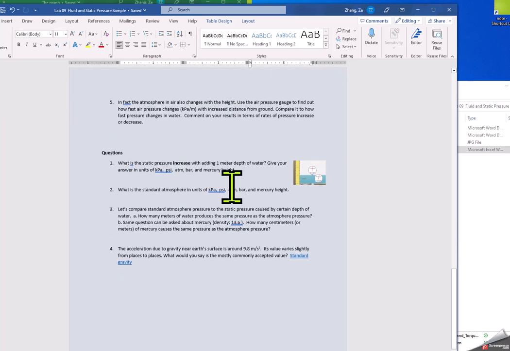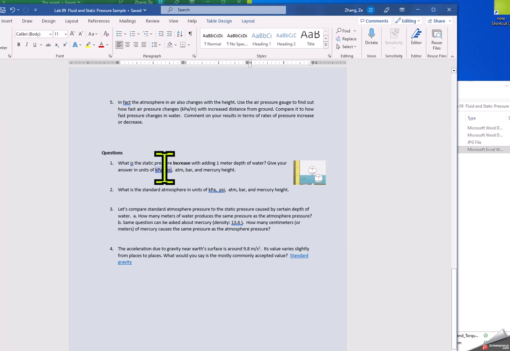Now we have all these questions. The first question to you is: what is the static pressure increase when adding 1 meter of depth of water? It's 9.8 kilopascals per meter. Then you will learn in class, and this will require some homework: how much is that in units of psi, like tire pressure?